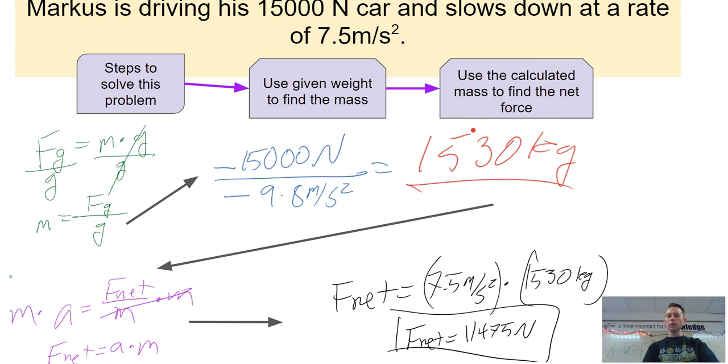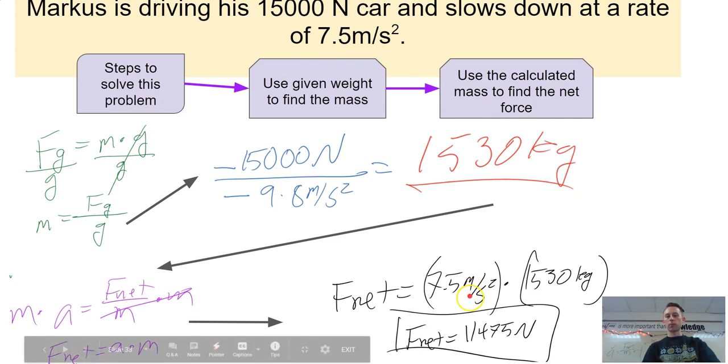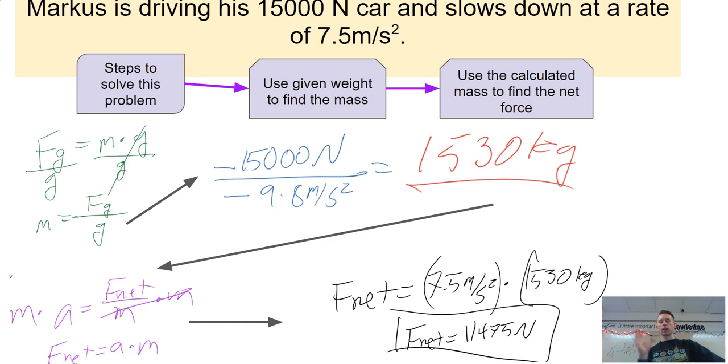And then we just plug it in and solve. I took this 7.5 meters per second squared, plugged that in here for acceleration, and then I took my 1,530 kilograms, plugged it in for mass, and I get my answer here. It's not pretty, right? It's not a nice 11,000 newtons, but hey, that happens sometimes.